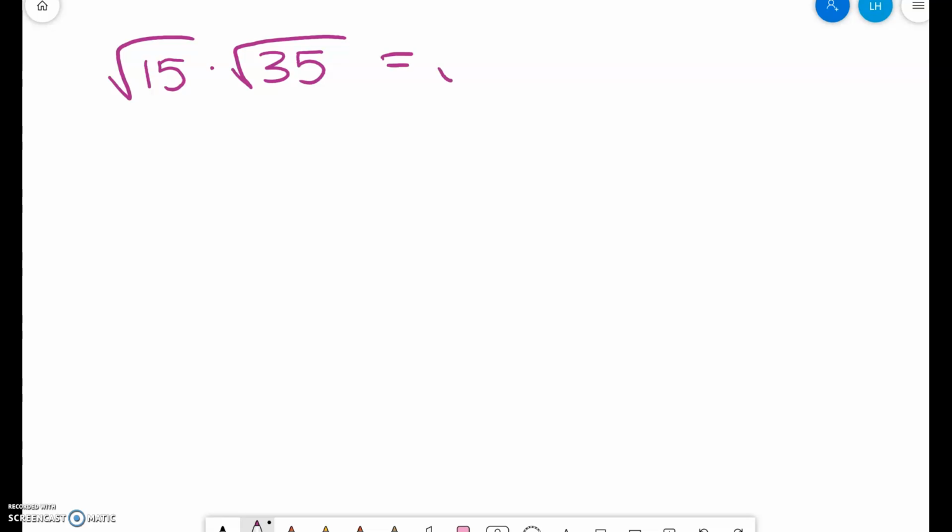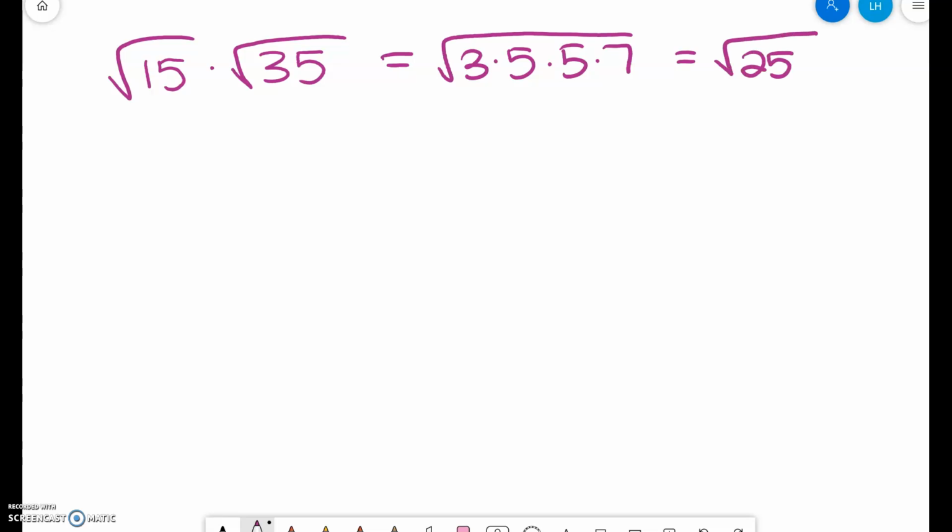So I'm going to use my multiplication rule to write this all under one radical, but I'm going to say 3 times 5 times 5 times 7. Okay, and then I'm going to use my commutative property to rearrange that and make this into 25, which is 5 times 5, times 21, which is the 3 and the 7, right?